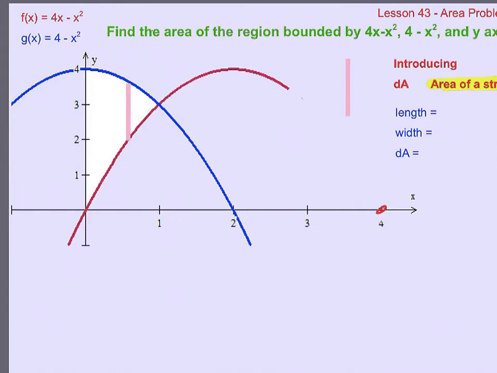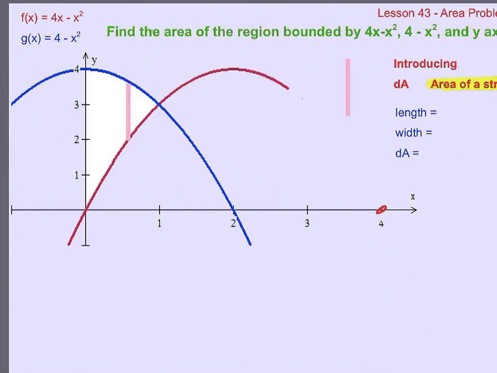This is something I call dimensional analysis, another one of those terms that I kind of made up. What it means is we're going to look at it one dimension at a time. We're trying to find area, which is a two-dimensional space, but we can get there looking one dimension at a time. So let's look at this rectangle that we have here. I literally just pulled it from there. It's the same thing.